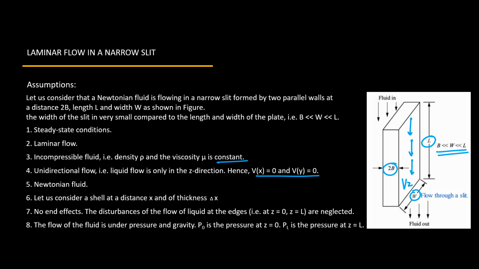Laminar flow, Newtonian fluid. Let us consider a shell at x and thickness delta x. There is no end effect, that is, whatever fluid is in is out at z equals 0 and z equals L. There are no disturbances, and thus the liquid at the edges is neglected.